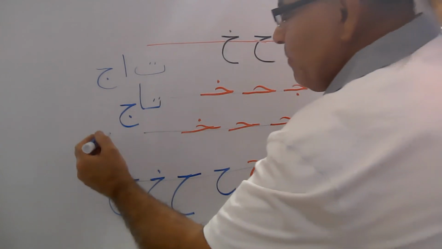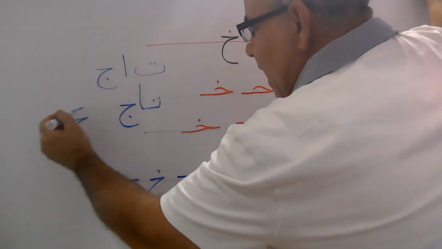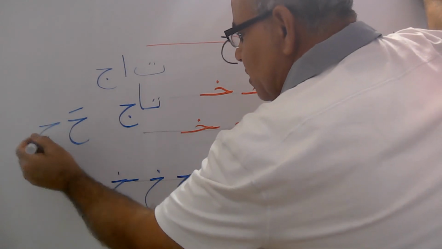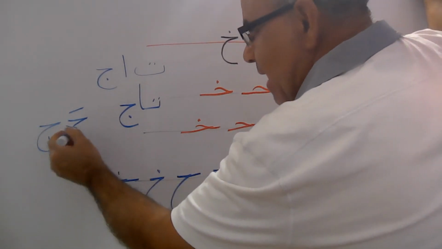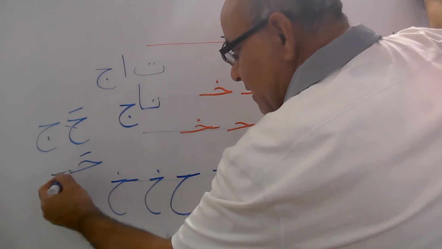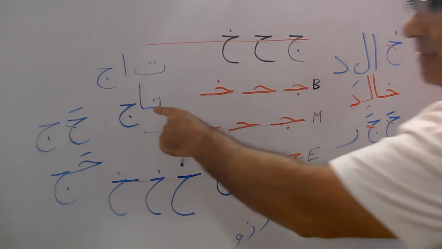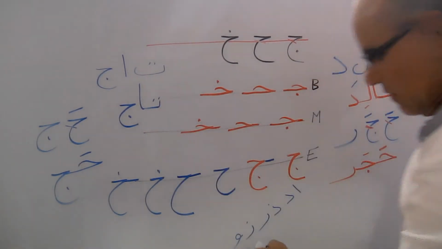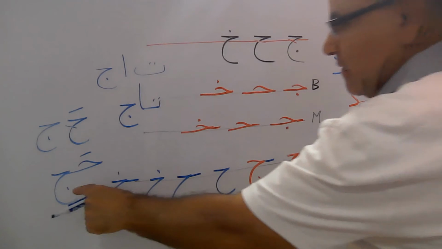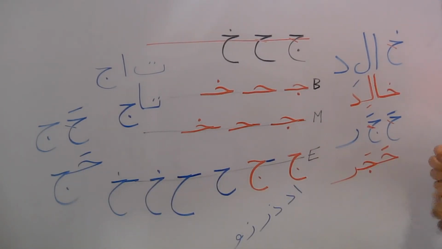But look at, for example, if I want to write the word Hajj, pilgrimage. Ha and Jim, Hajj. So the Jim at the end is connected with the Ha. This one at the end is not connected because it's one of the 6 letters. This one at the end is connected because the Ha accepts to connect with the letter that comes after.